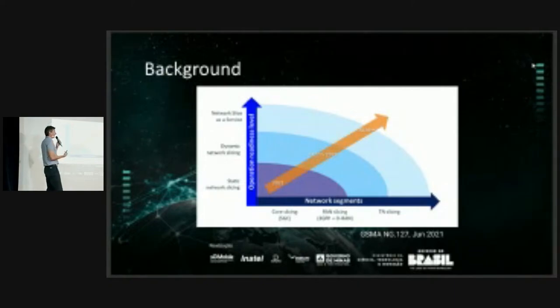And finally, we need to integrate the core and the RAN, considering the transport networks in the same operator. It's very important because we have the two domains, the core and the RAN, but it's important we integrate it for the transport.